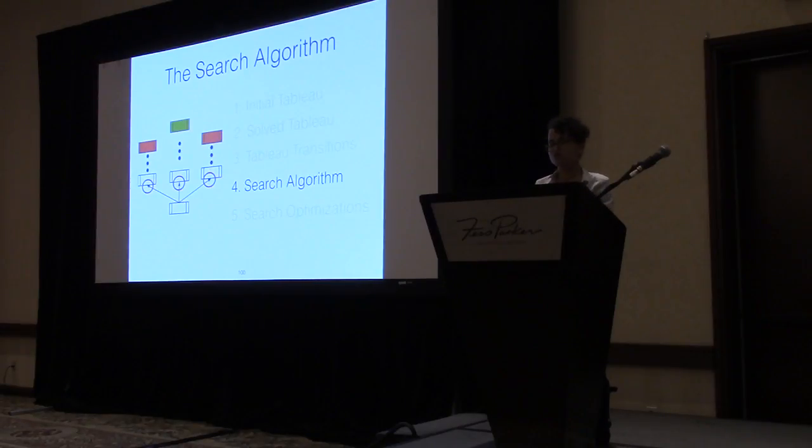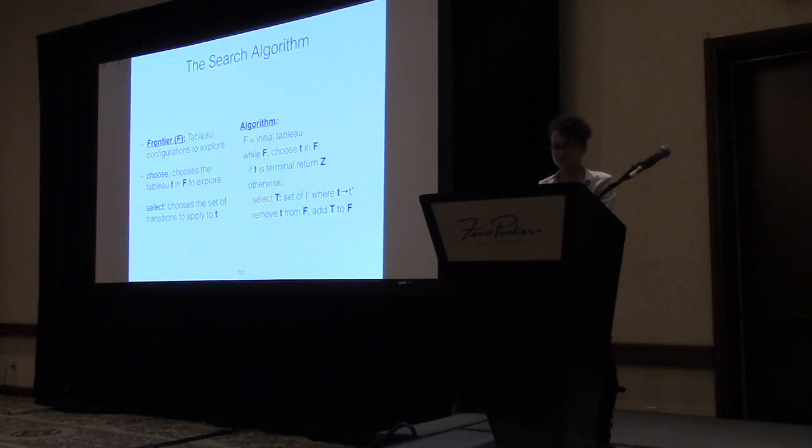So now we're going to go into brief detail about the algorithm that we use to explore this space of transitions. Essentially, like many search algorithms, this search algorithm maintains a frontier, which is a set of tableau configurations to explore. This frontier starts out with only the initial tableau in it.